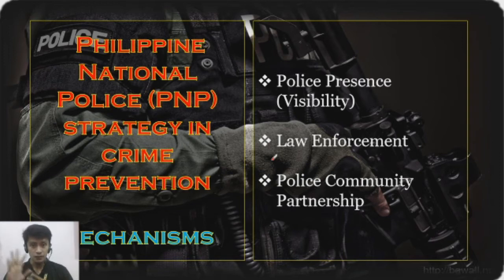We can achieve police presence by patrolling. Number one there is conducting patrol. With that, we see PNP personnel outside, which creates a deterrent factor for would-be criminals, and at the same time gives law-abiding citizens the feeling of being secure or safe.